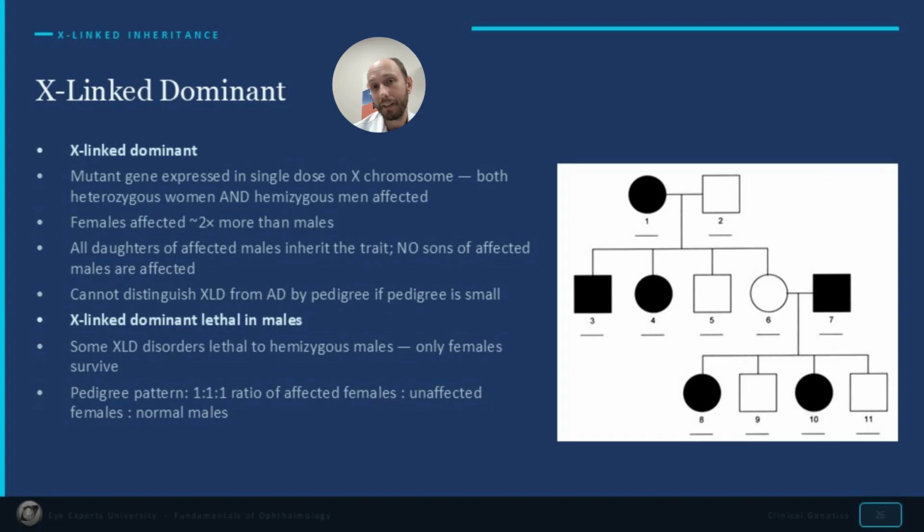Now, males typically will die from this because usually X-linked dominant is lethal in males. So despite this pedigree showing this female passing the gene on to her sons, those sons should actually be dead. Versus the female will have the trait and continue to pass it on. Now, just like the other dominant diseases, if you didn't get the disease, you are not going to pass it on because you did not get the bad gene.